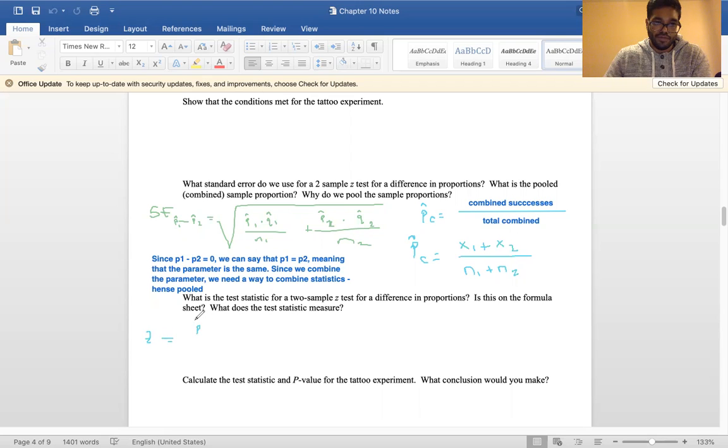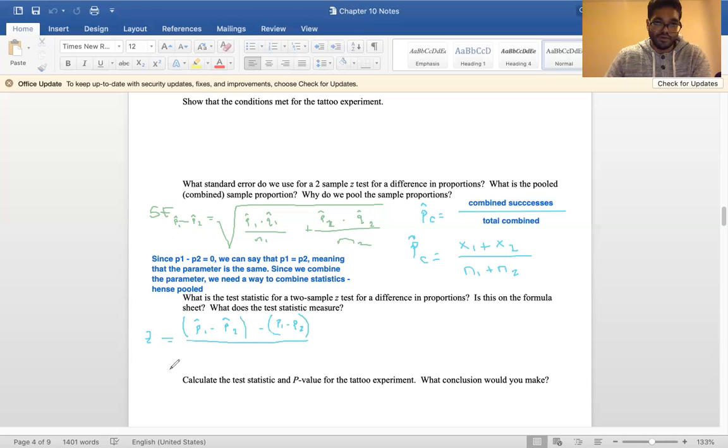P hat 1 minus P hat 2, in parentheses, minus P1 minus P2, divided by this whole standard error.